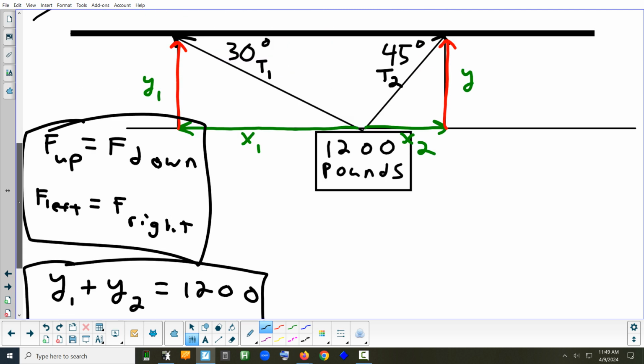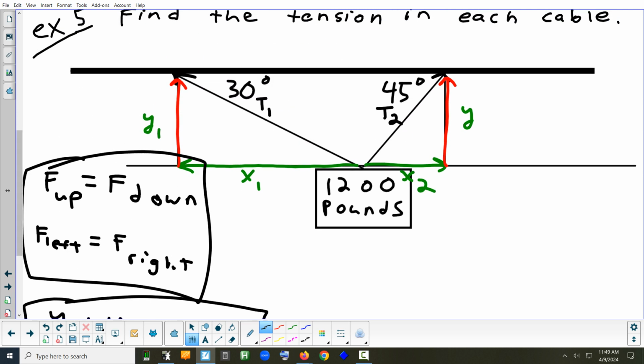So let's start with y1. Even before we do that, what's this angle down here? 30. Yeah, we have two parallel lines and a transversal, so the alternate interior angles are the same. And this angle is also 45.